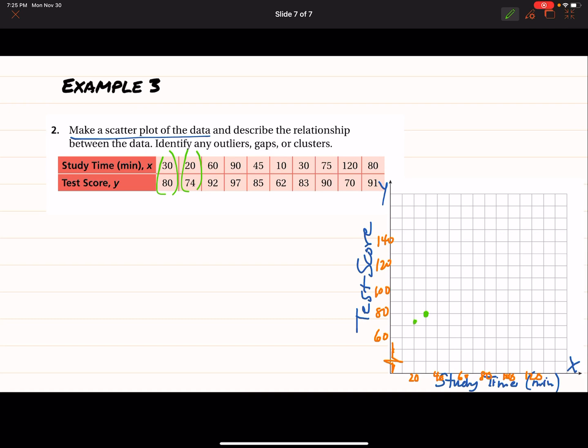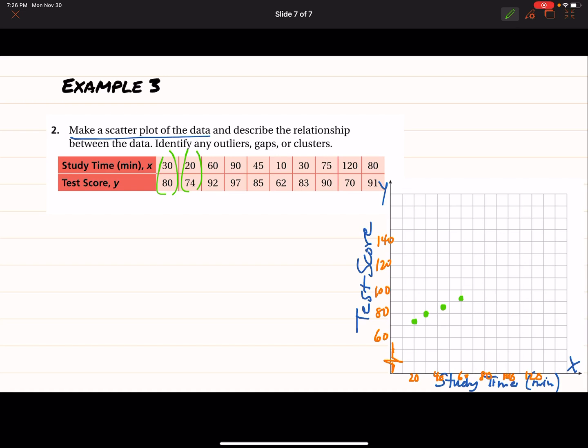Now we're going to have to be approximate on 74. 60 and 92, so over to 60, up to 92, just a little bit above that. 45 and 85, so over here to 45 is going to be in between an interval and 85. So somewhere approximately right there in the middle.